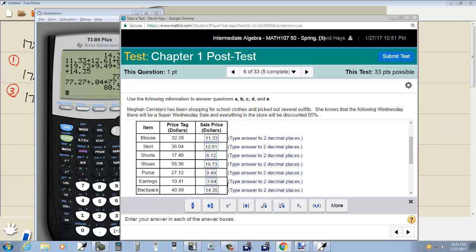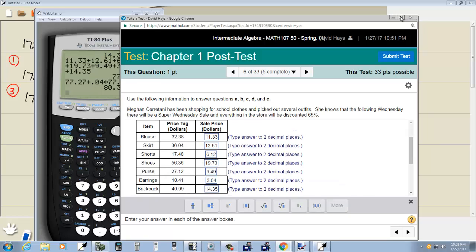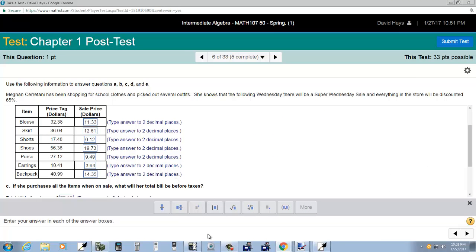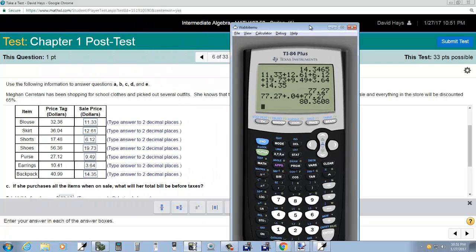How much did she save before taxes by waiting for the sale? Before taxes. So if we take the sum of this and subtract the sum of that, that should give it to us. Okay, so I guess total sale price is $77.27.